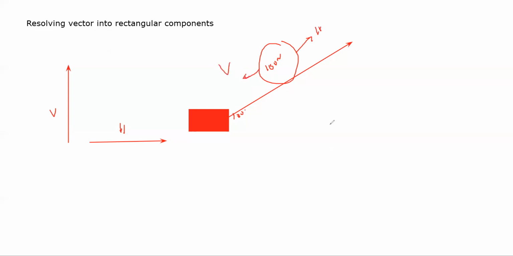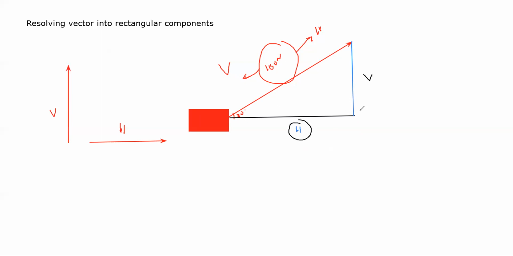So how to find the horizontal component and the vertical component? We use a right angle triangle. So if I complete this triangle, this is a right angle triangle. This part is known as the horizontal part and the other part is vertical.